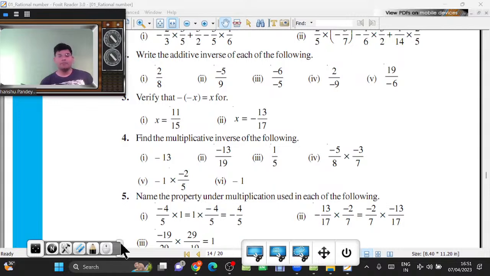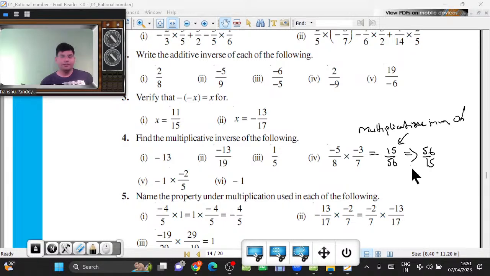See what is the method to write this. You can write this as minus 5 into minus 3 is how much? 15. 8 into 7 is 56. So multiplicative inverse of 15 by 56 is 56 by 15. ये लिखना पड़ेगा आपको. Multiplicative inverse of 15 by 56 is 56 by 15.